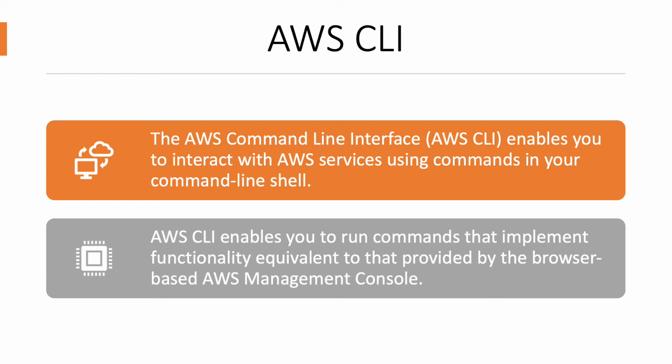Whether you're running Linux, Mac OS, or Windows, you can bring up a shell and interact with your AWS account through various commands. They're functionally equivalent for the most part to anything you can get in the browser. You can do almost anything in the command line that you could do in the browser. It's just a different modality.